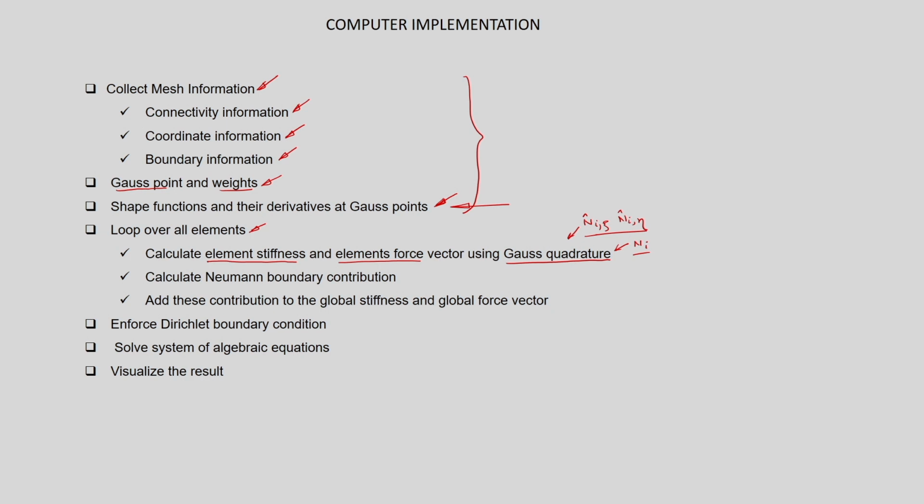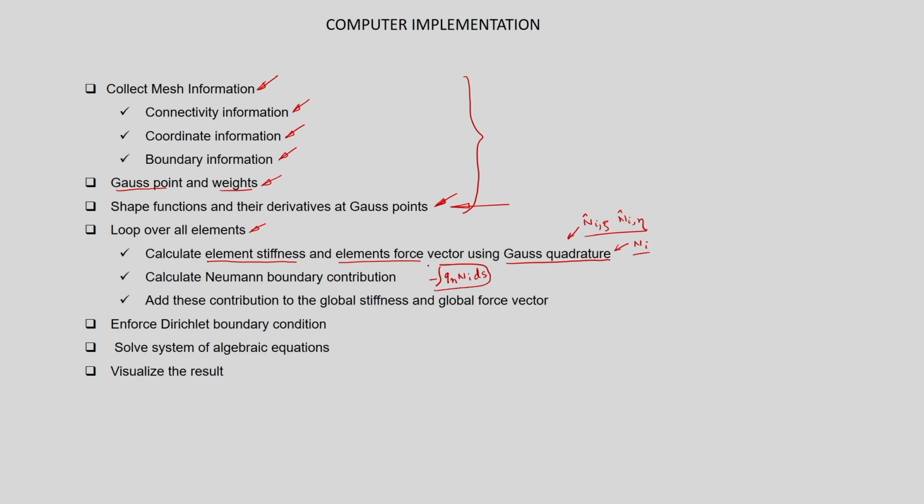Once we calculated the element stiffness and element force vector, now note down that this element force vector contains only the heat source term, alright. So, there is another term in the right hand side that basically carries the Neumann boundary part, alright. So, that is integral Qn Ni ds. So, that part we have to calculate.